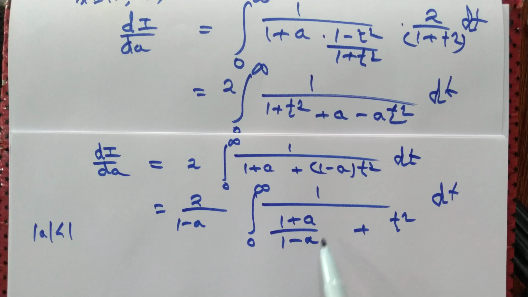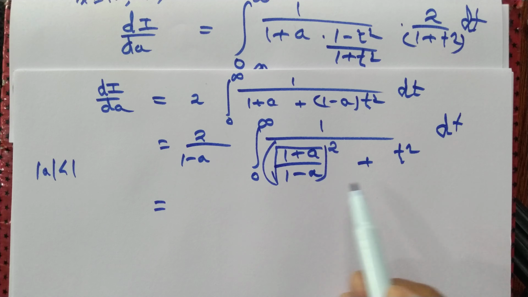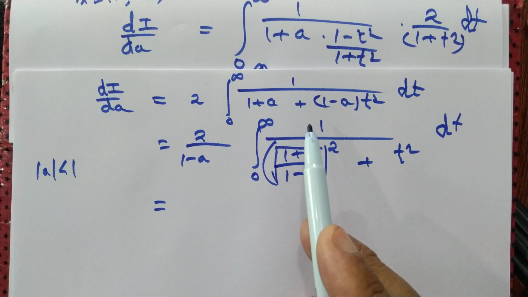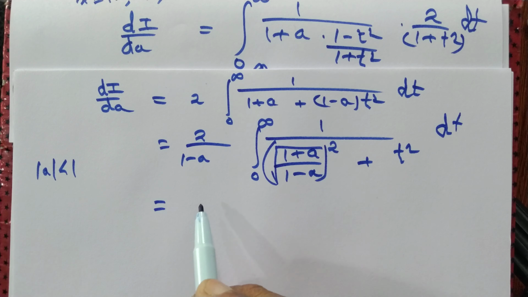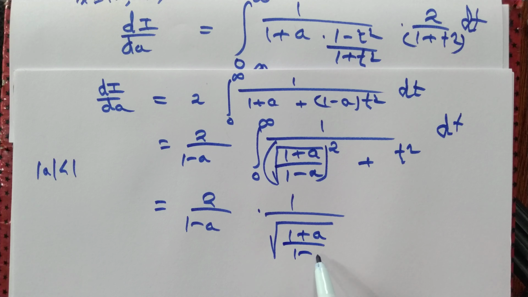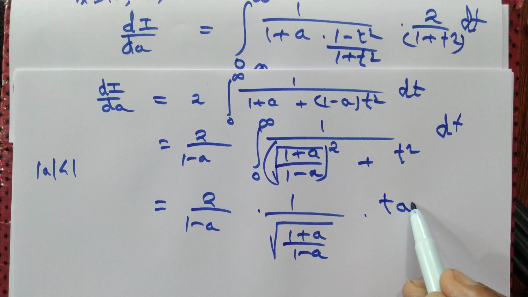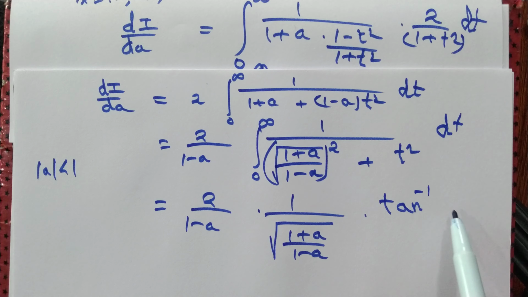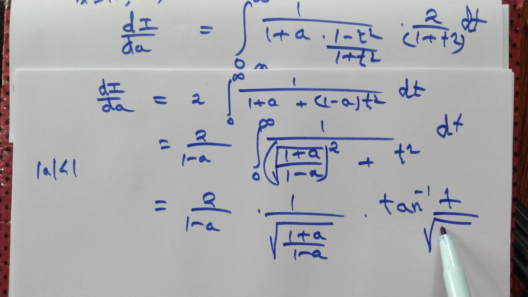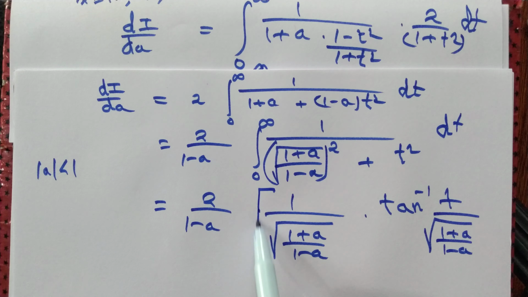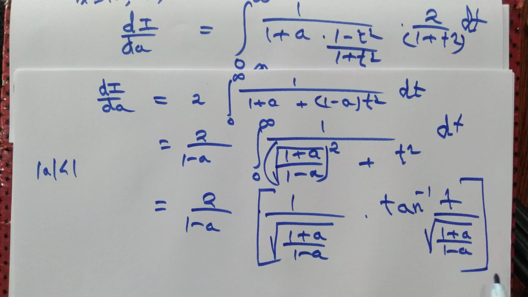Now we know the formula: the integral of 1/(a² + x²) dx is (1/a) tan inverse of (x/a). Here a is simply root of (1 + a)/(1 - a), and we get tan inverse of t divided by root of (1 + a)/(1 - a). Of course, we need to change t from 0 to infinity.